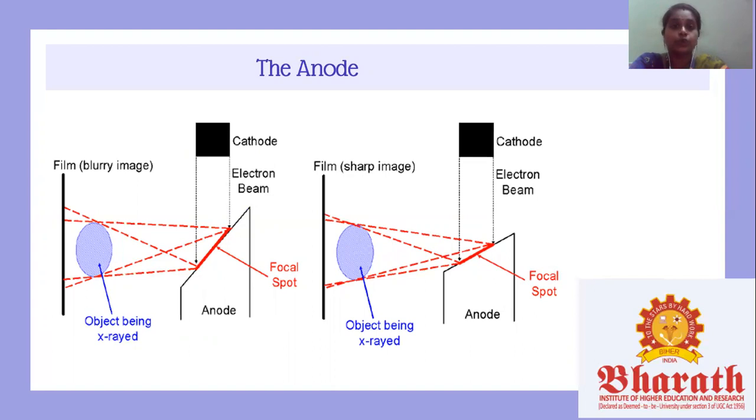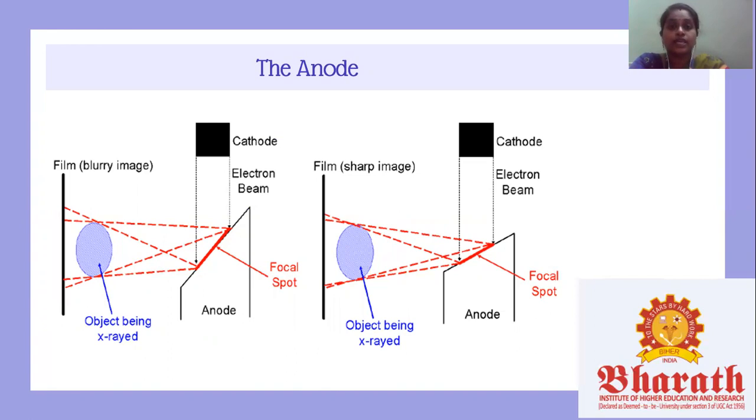Later tubes often employed the so-called line focus principle, in which the target angle was close to 20 degrees. This reduced the effective area of the focal spot without significantly affecting the area of the anode bombarded by the electron beam from the cathode.